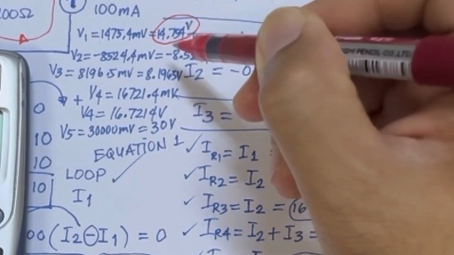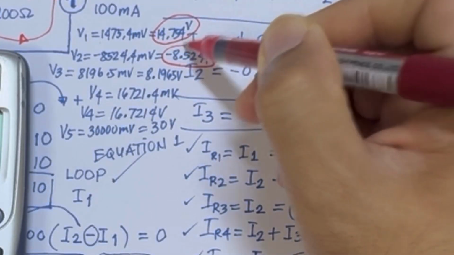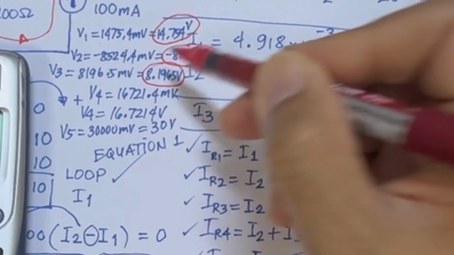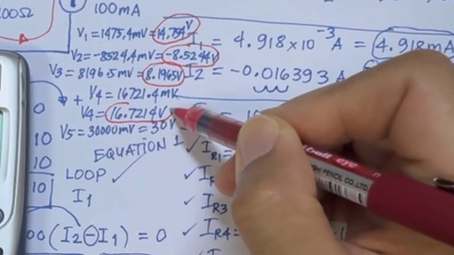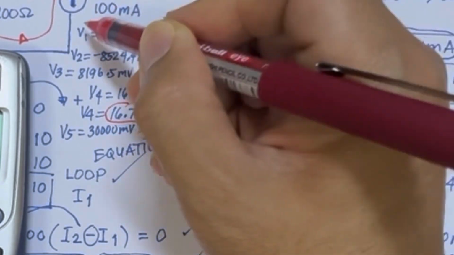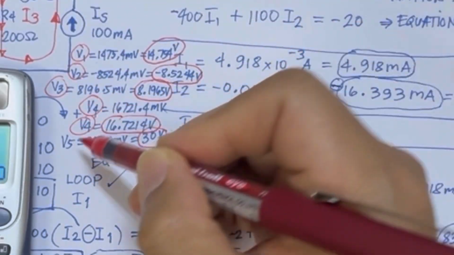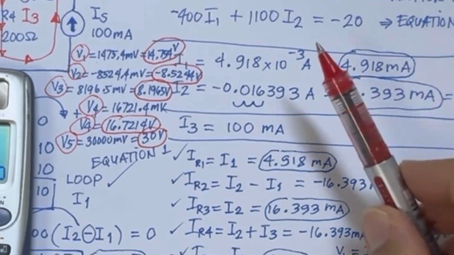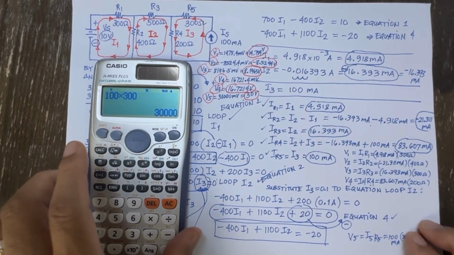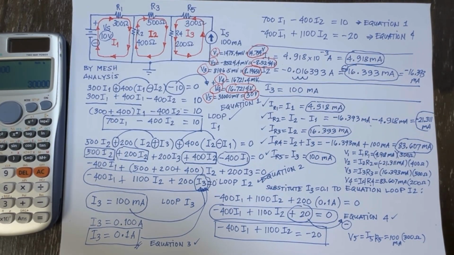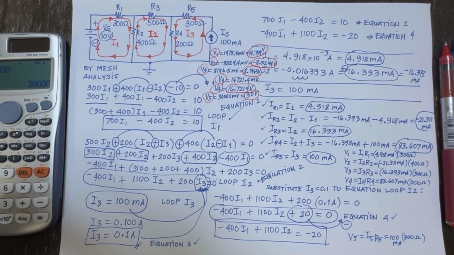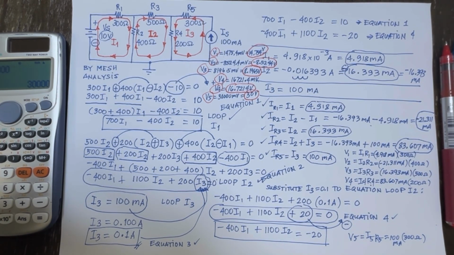And so let's encircle our answer here with the first one, V1, V2, V3, V4, and V5. Also here, let's put the circle. And there you go. We have calculated all of the required voltages and currents in our series parallel circuit with 1 voltage source and 1 current source connected with 5 resistors in series parallel.